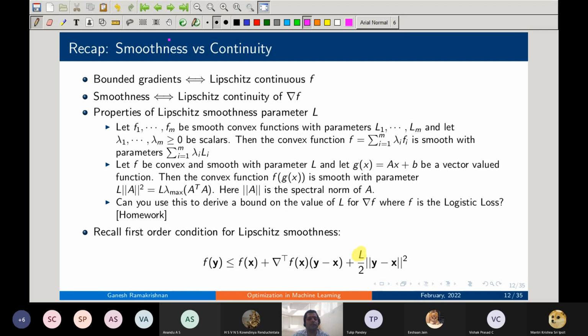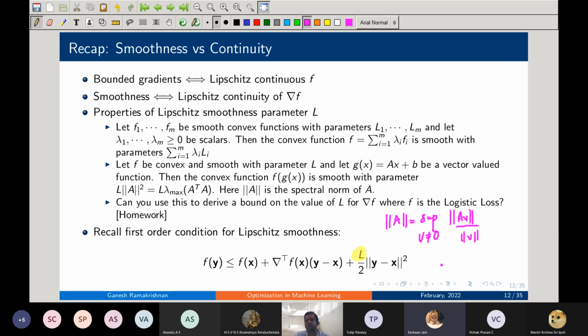Or how are these vector-induced matrix norms derived? There was something like, if I have a vector, the supremum over all vectors v of the norm of Av upon the norm of v. Okay, and what was the spectral norm?